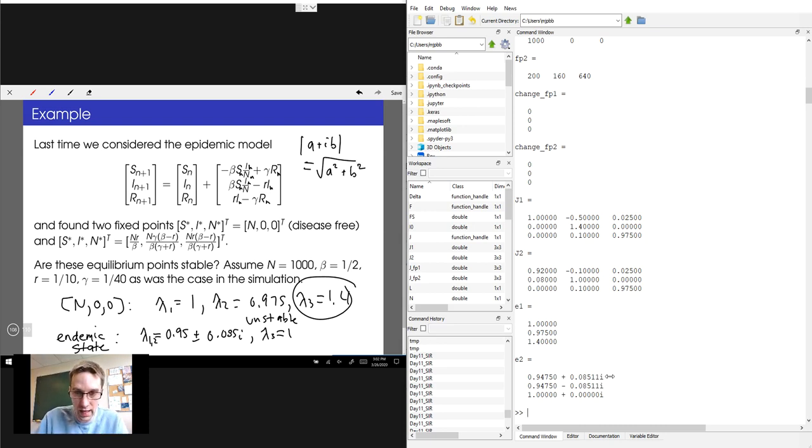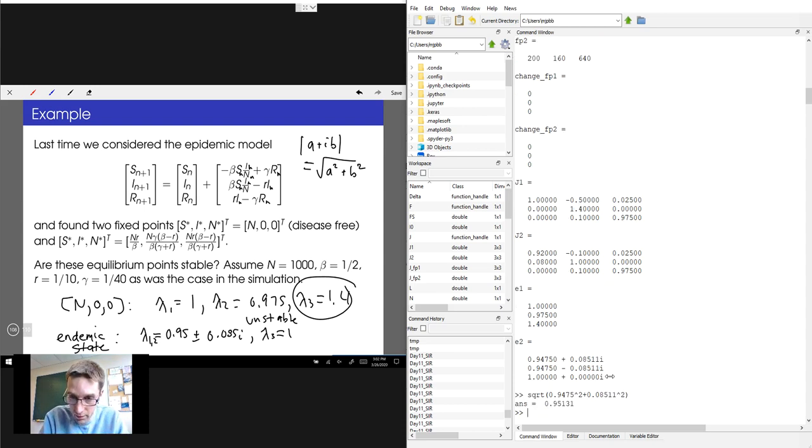So I'll take the absolute value of that first eigenvalue. That would be the square root of 0.9475 squared plus 0.08511 squared. And its absolute value is around 0.95.